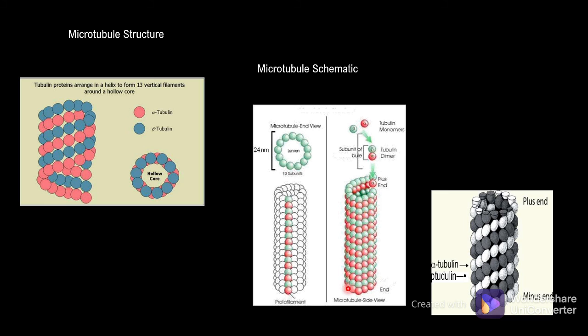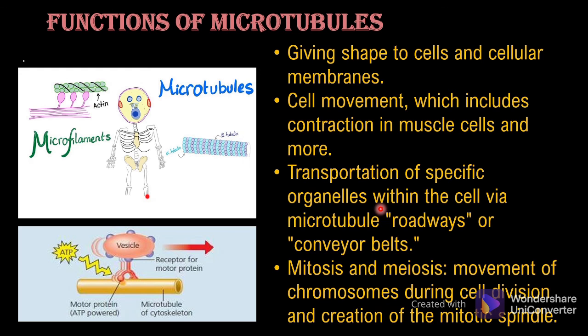So here at the red color, this is the negative end, so the alpha subunit is exposed here, and towards the positive end, the green color, the beta subunit of tubulin is exposed, and therefore it has got a polarity, and this polarity allows the microtubule to assemble in a specific way and function very correctly.